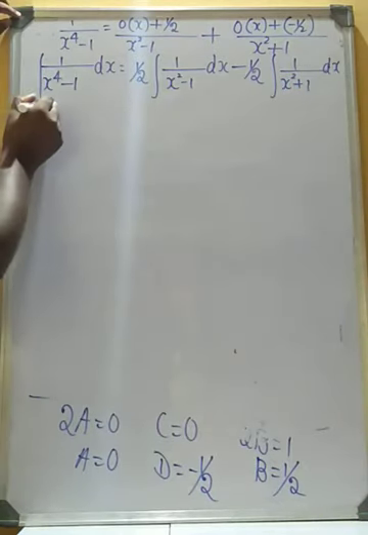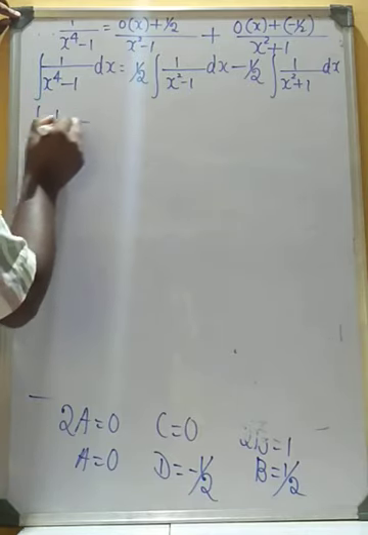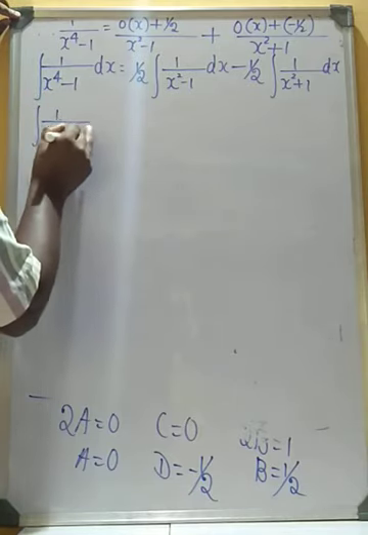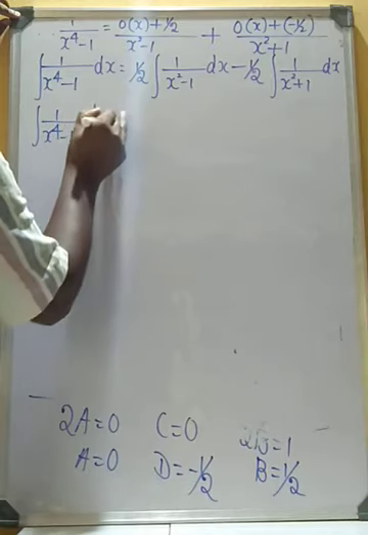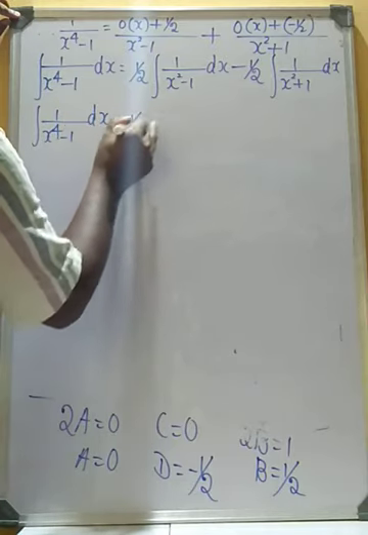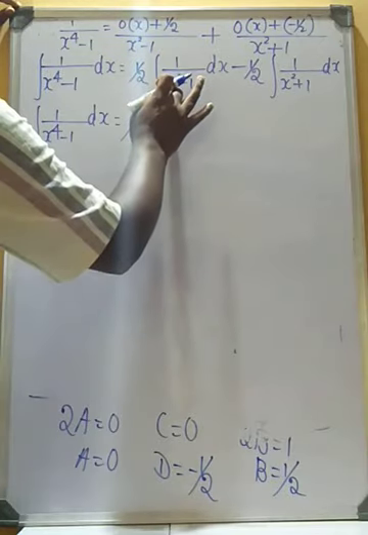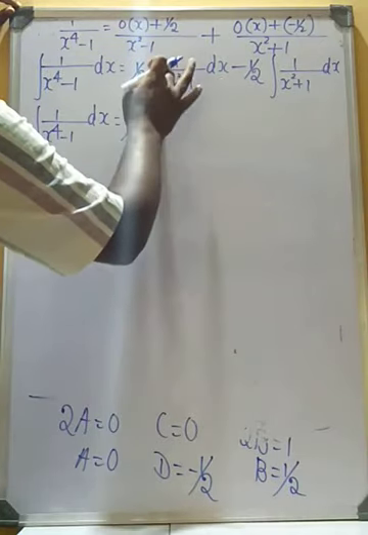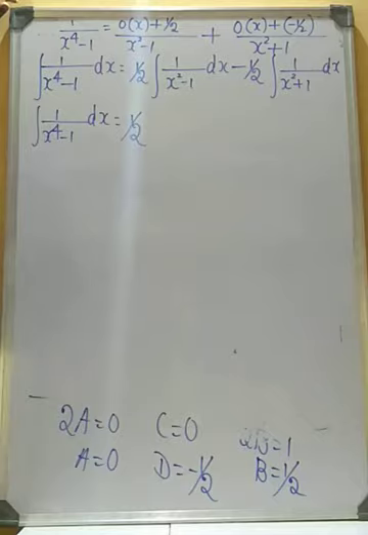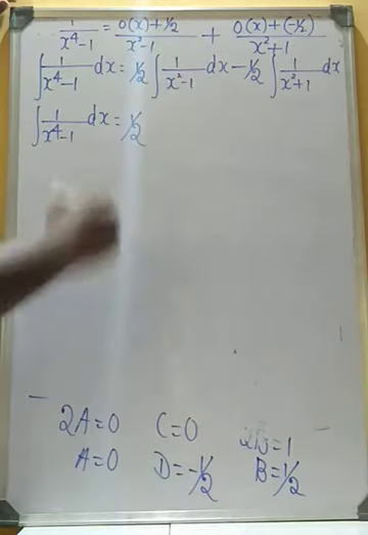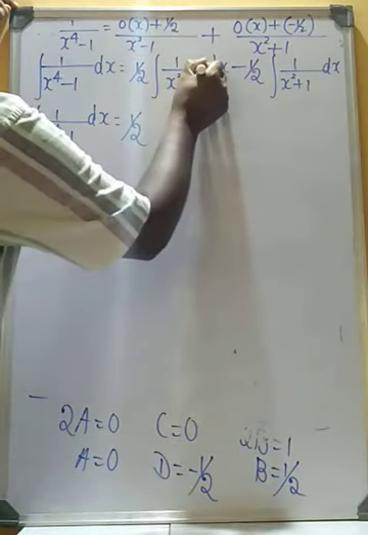So the integral of 1 divided by x to the power of 4 minus 1 into dx equals 1 divided by 2 times the integral of 1 by x square minus 1. What is the form of this? 1 by x square minus a square, where a is 1.